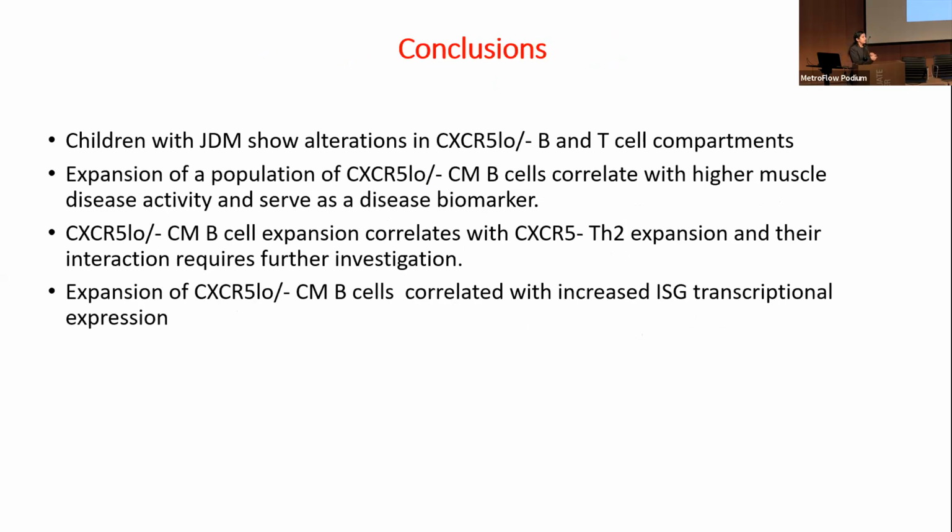To conclude, to summarize what we found in this paper, we were able to consistently see that the CXCR5 low conventional memory B cells correlated with high muscle disease activity, and could serve as a disease marker. The expansion of these conventional memory B cells that lack the follicular marker correlated with the Th2 cells in the periphery.